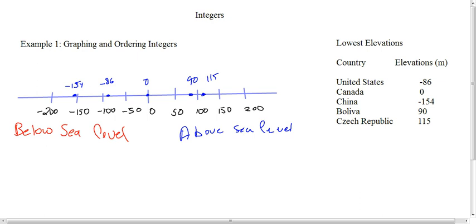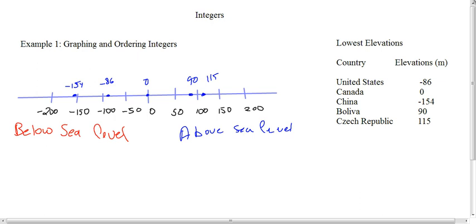And the next country we want to look at is Canada. Canada's elevation in, we could say, miles is 0. So it falls directly on the origin. Then the next one is China, and as you see, China shows that it's a negative 154 miles.